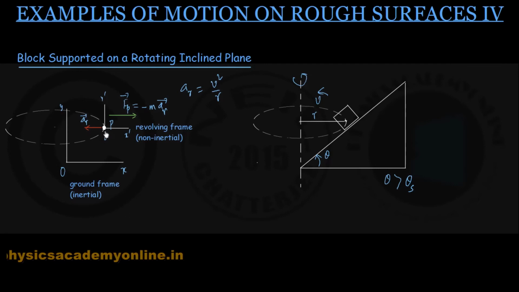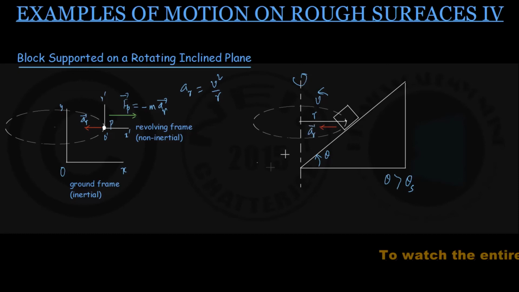Comparing the previous case in the left side figure and the right side figure here, since the block is moving in a circle, it will also experience an acceleration a_R, the centripetal acceleration, as you know, which is numerically given by v squared by r.